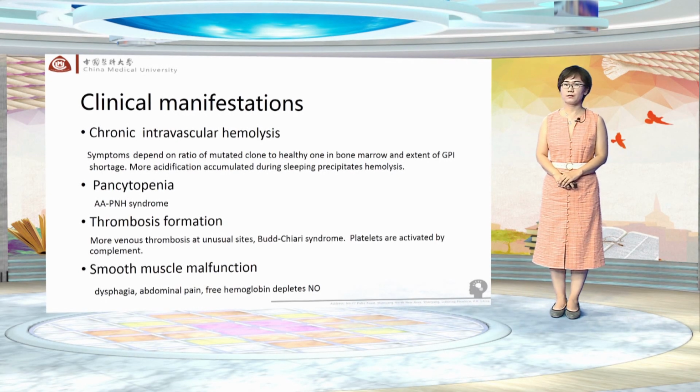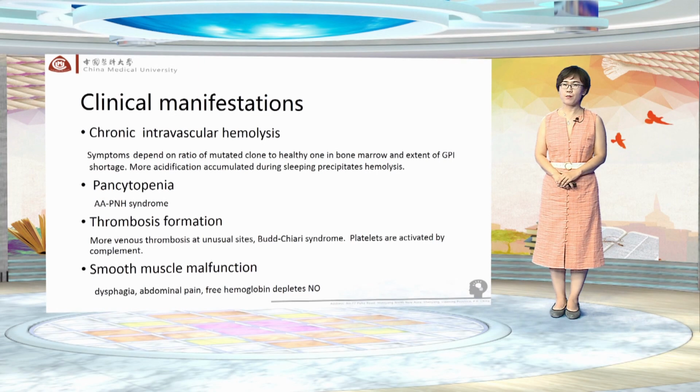Hemolysis syndromes depend on the ratio of mutated clone to healthy one in the bone marrow and the extent of GPI shortage. More acidification accumulated during sleeping precipitates hemolysis.